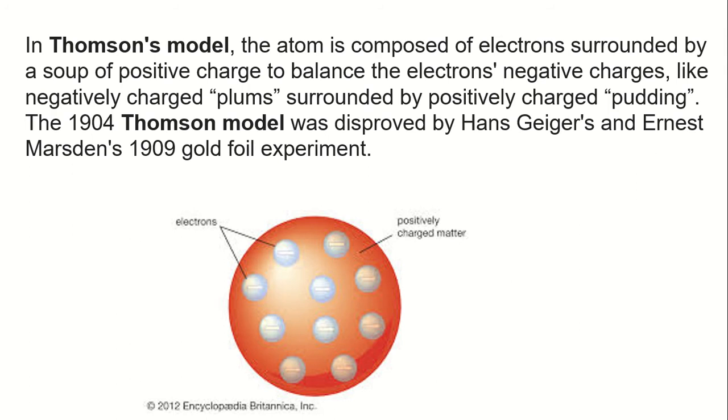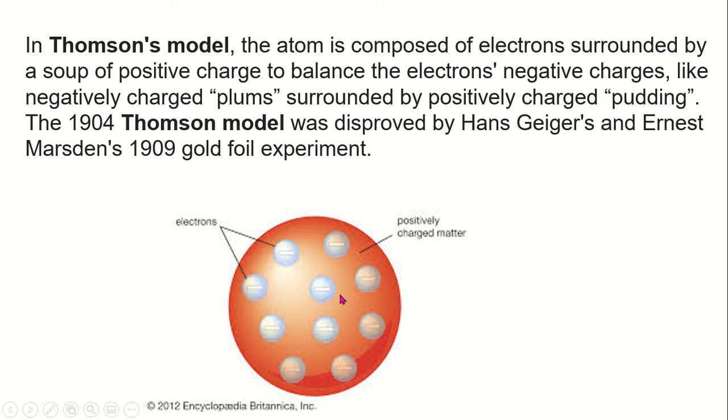In 1899, J.J. Thomson proposed the plum pudding model. In this model, he said that electrons are embedded within the continuously distributed positive charge inside the atom, just like plums are distributed in a pudding. I think all of you like pudding too much.